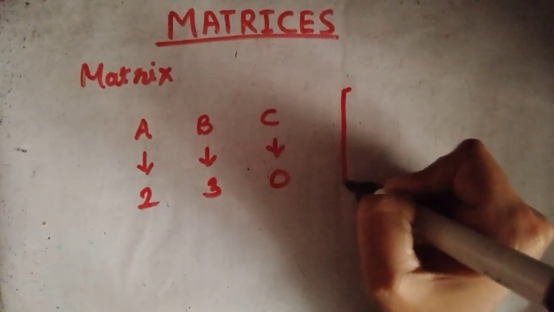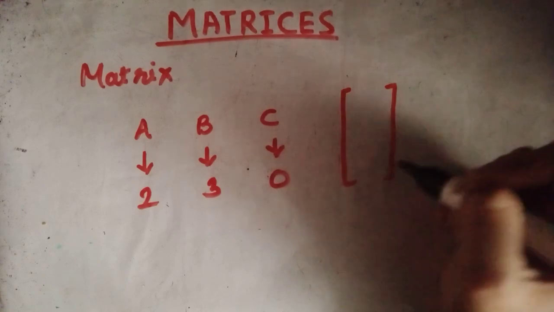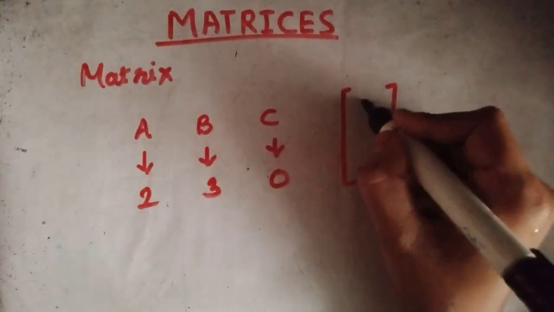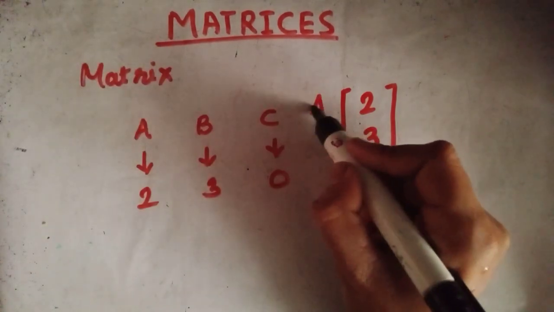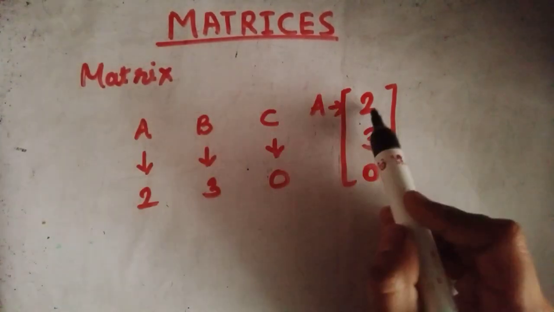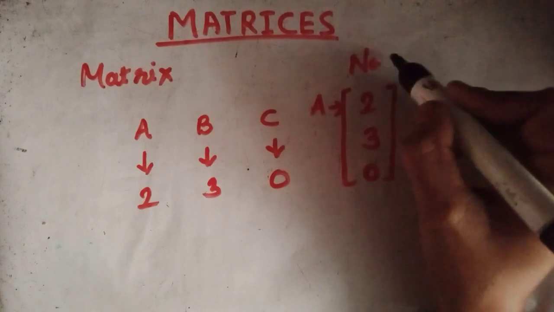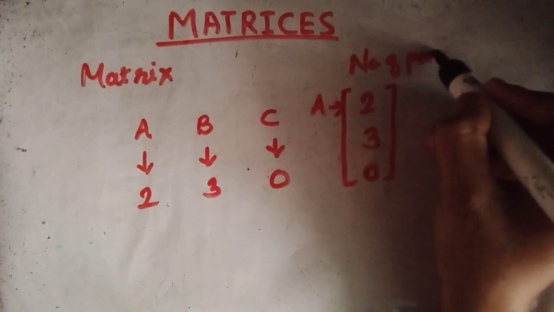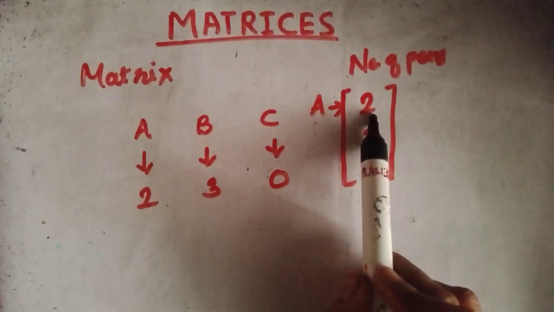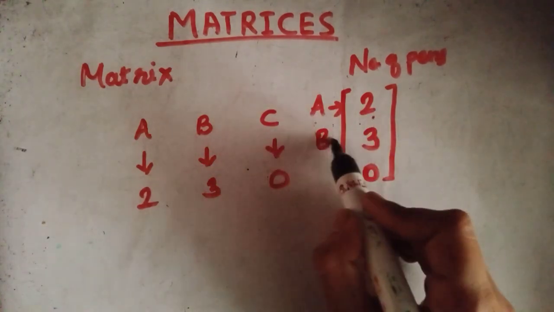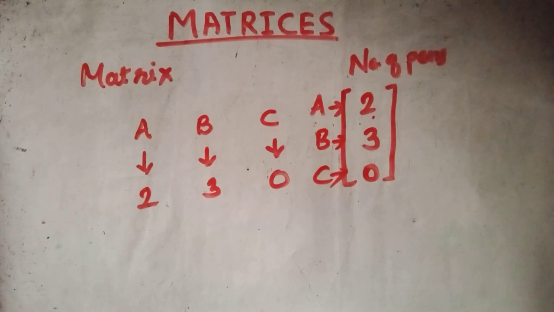So this will be 2, 3, 0. This represents the number of pens. So person A has 2 pens, B has 3, and C has 0.